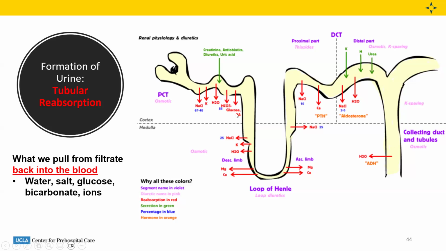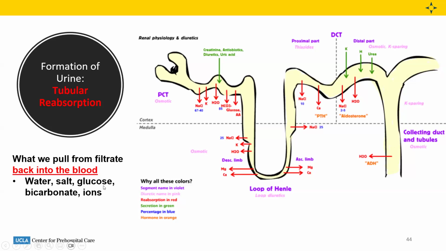So all that glucose should be reabsorbed into our bloodstream, and we should not see it in our urine unless someone has overwhelmed this system, right? So if they have so much glucose in their blood, they overwhelm the ability to absorb, then we can see glucose in the urine as that's excreted.